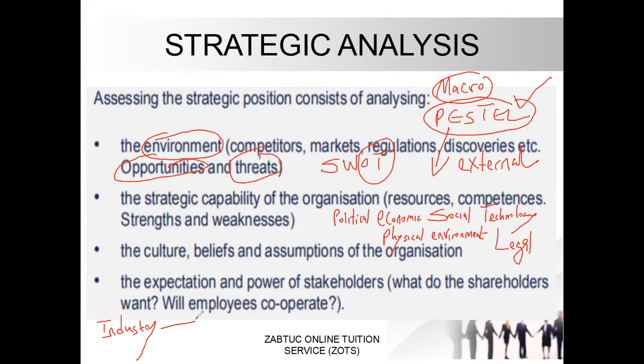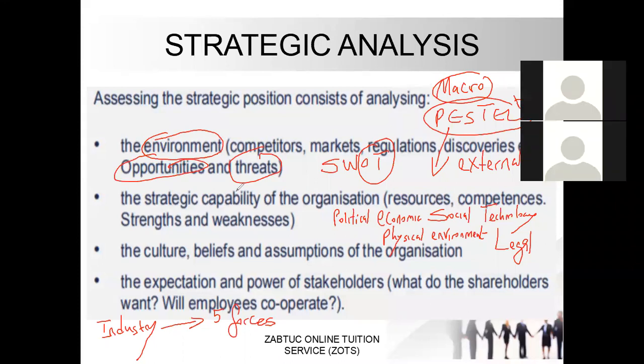In the industry environment, now you want to look at the reliability of the profits, or sustainability of your profits. So what tool are you going to use? You're going to use Porter's 5 forces.